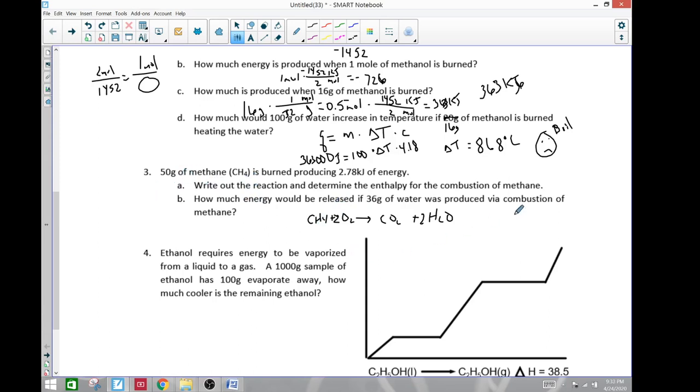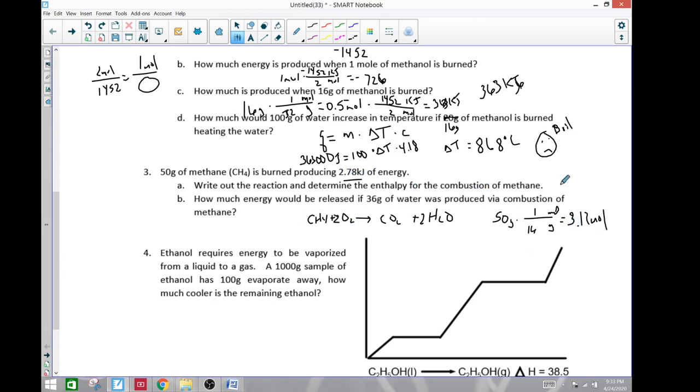So let's do that right here, 50 grams, get rid of grams and go to moles. 1 mole equals 16 grams per mole. That's the molar mass of methane. So we're going to do 50 divided by 16 equals 3.12 moles. 3.12 moles gave us this much energy.